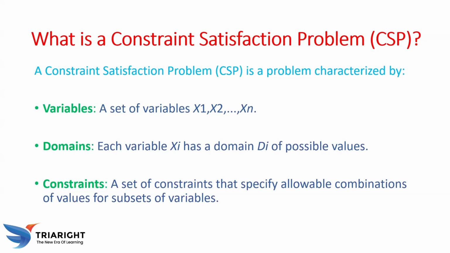Those constraints limit the possible assignments to the variables. The goal of the CSP is to find an assignment of values to all the variables from their respective domains, such that all the given constraints are satisfied.